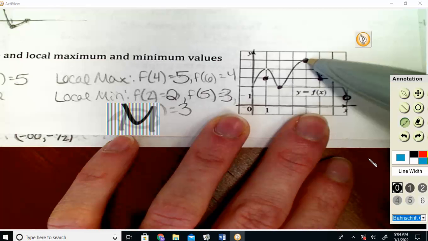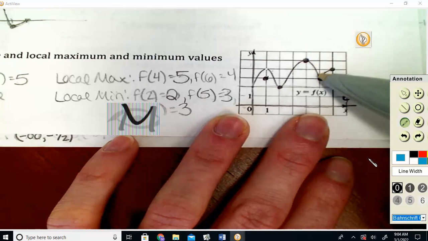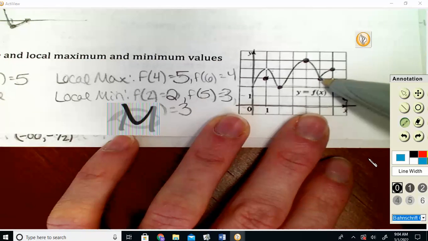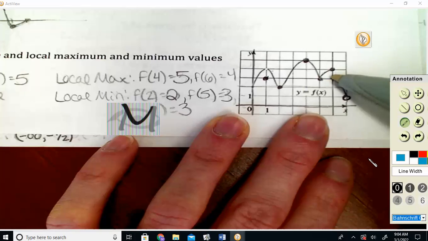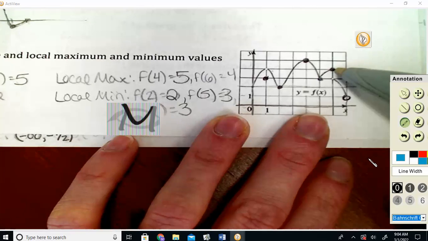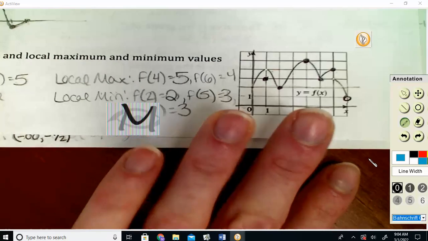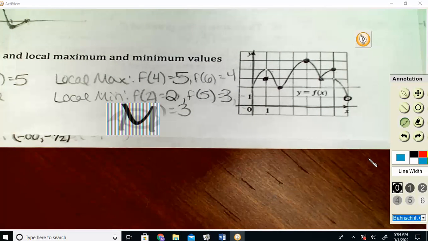My absolute max is also a local max at (4, 5). At (5, 3), we would have a local min. And at (6, 4), this would be a local max. Is that okay with everybody?